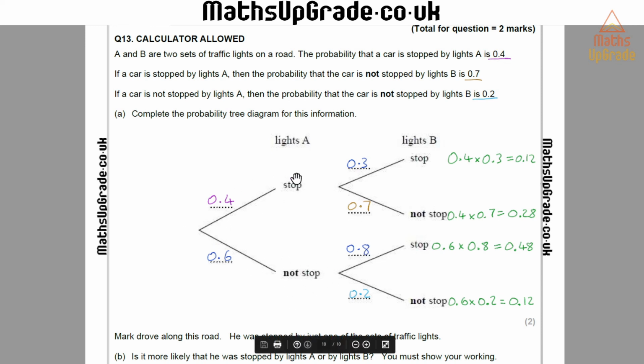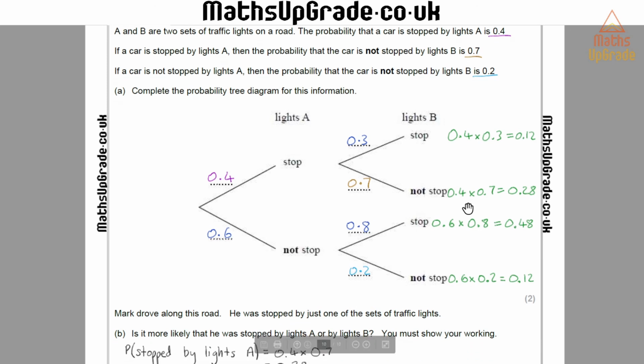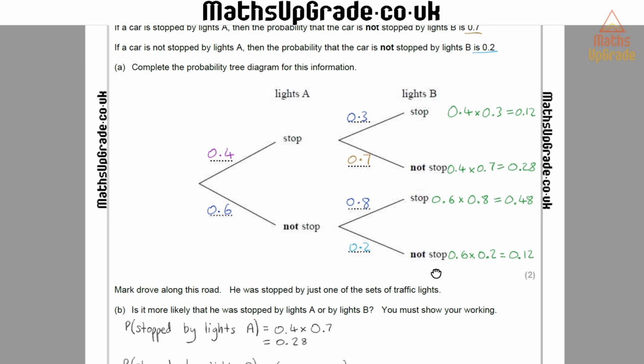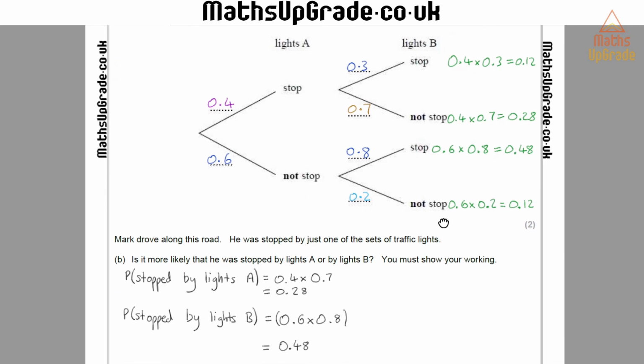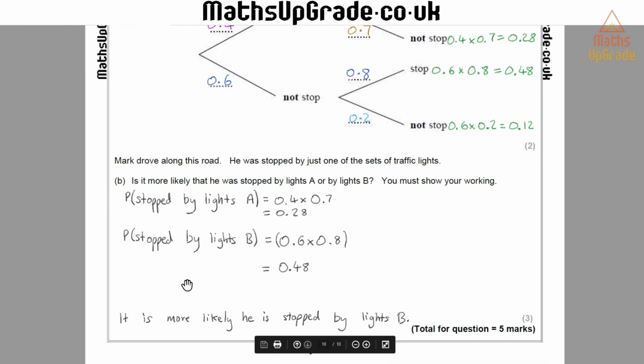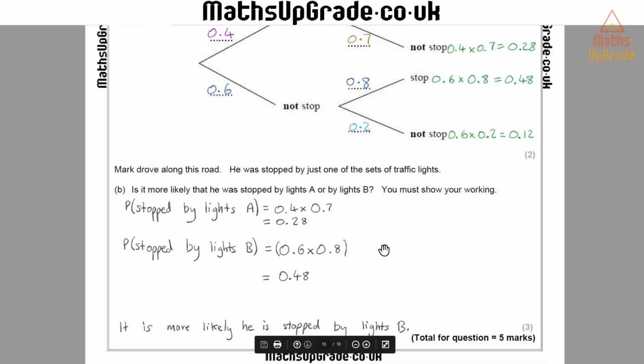So you need to do 0.4 times 0.7, which is 0.28, and we need to do 0.6 times 0.8, which is 0.48. So which of those are more likely? This one is greater, so it's more likely to be stopped by lights B. That's 5 marks for the whole question.